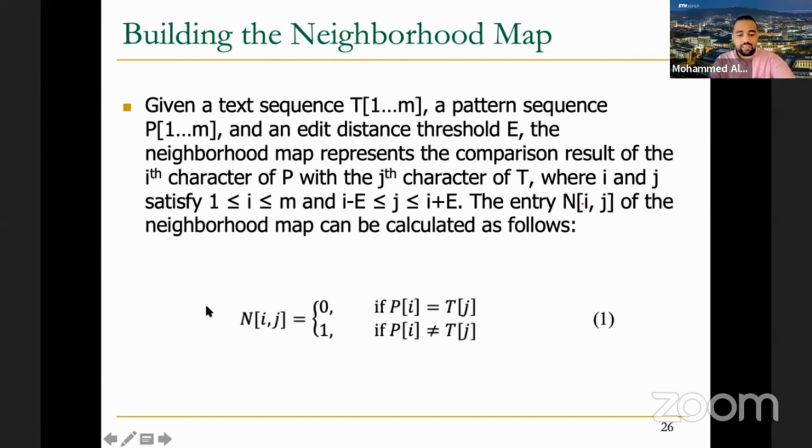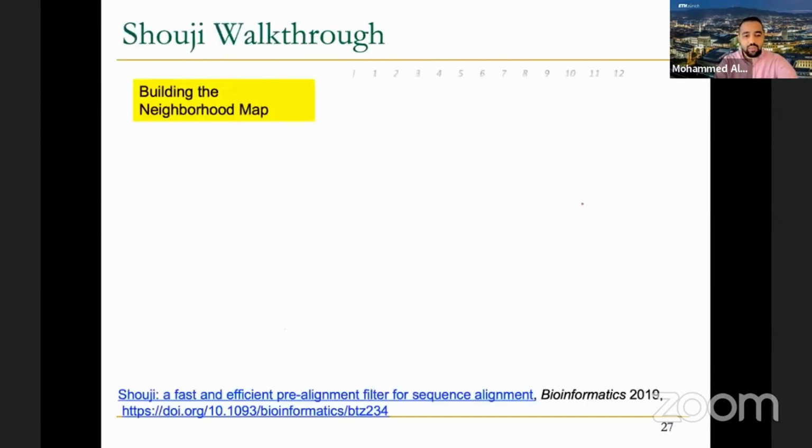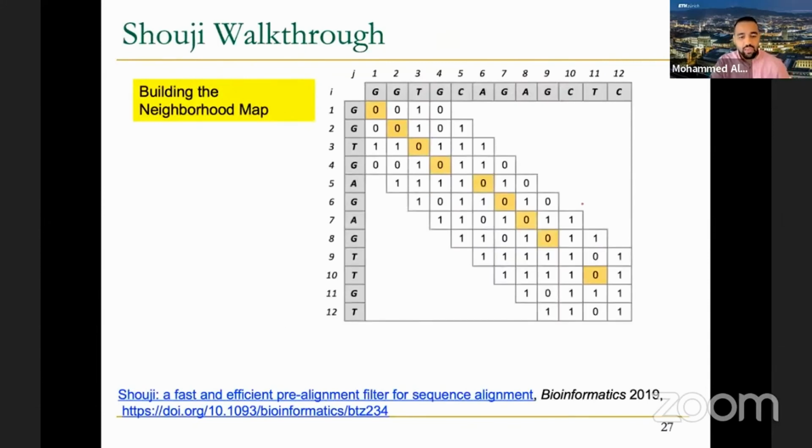Now we build the matrix. It's a bit different from what we have in GateKeeper and Magnet. Let's go to the example right away. So this is a visualization of it. And as you can see, we ignore the leading and trailing. We don't have them anymore. So if you count the number of cells in this diagonal, you will see it is longer than the number of cells in this diagonal, for example.